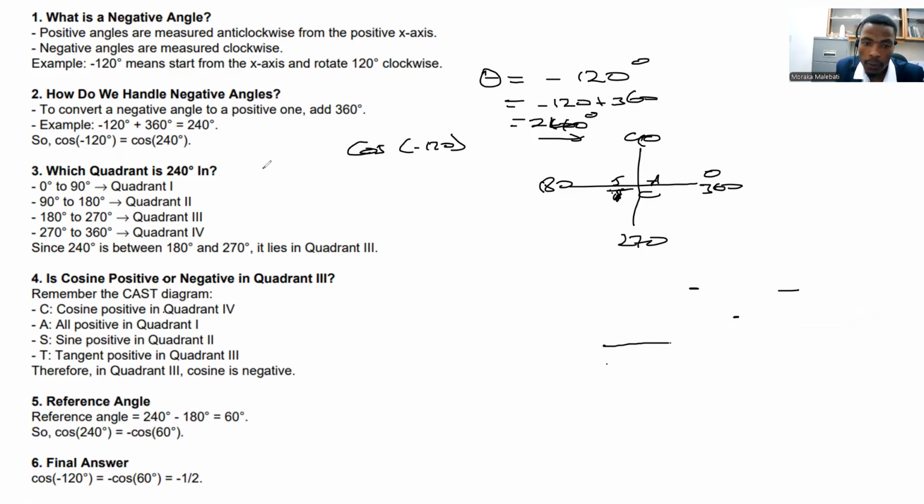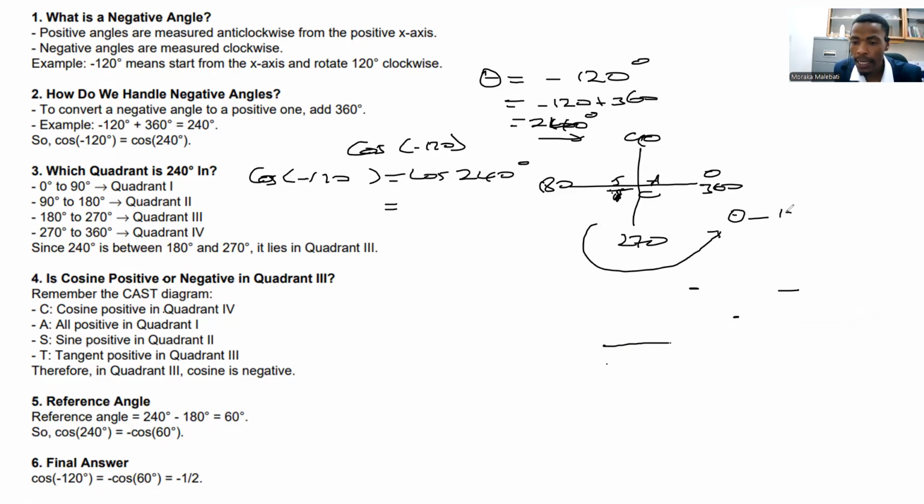Remember, cos of negative 120 is exactly like cos of 240. These are one and the same thing. But in the third quadrant, what have we learned? We say theta minus 180.